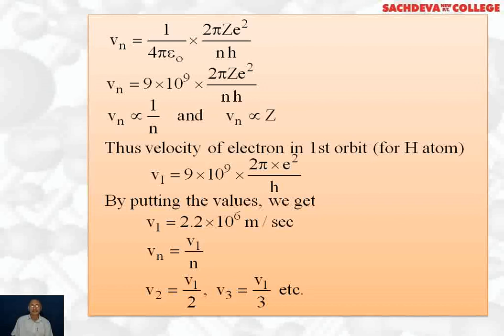The velocity of the electron in the first orbit of hydrogen atom comes out to be v1 is equal to 2.2 into 10 power 6 meter per second. Vn is also equal to v1 over n, that is v2 will be v1 over 2, v3 will be v1 over 3 and so on, because vn is inversely proportional to n.